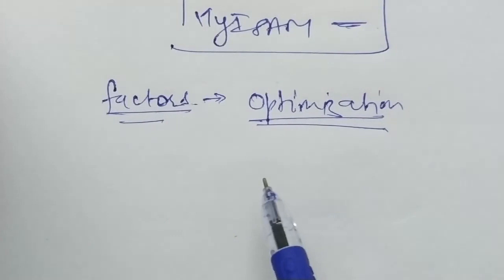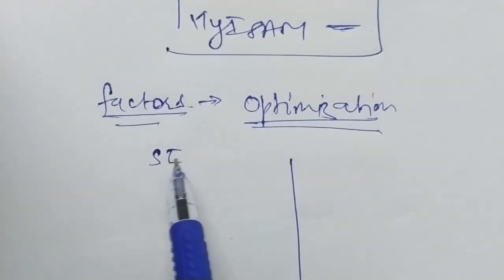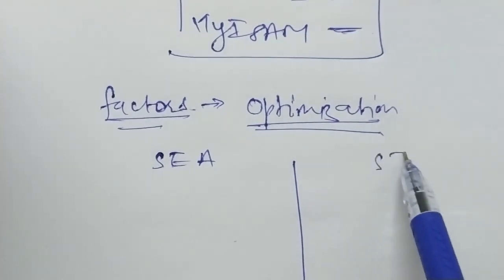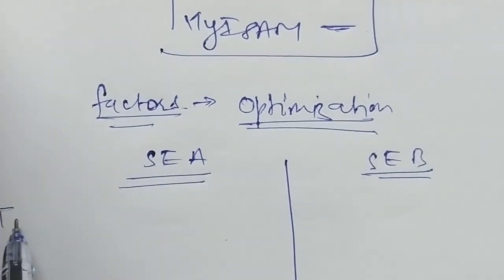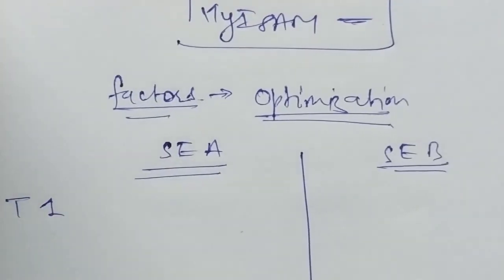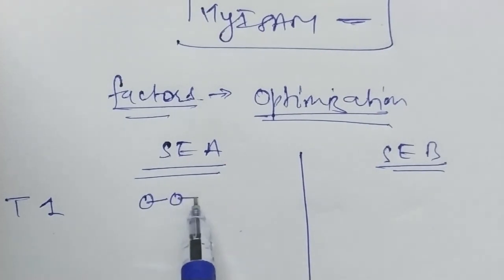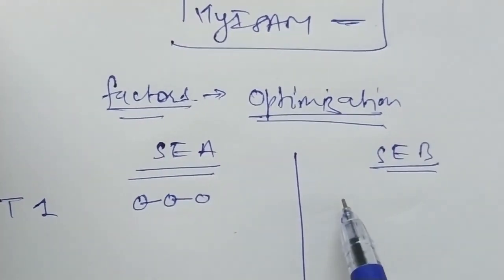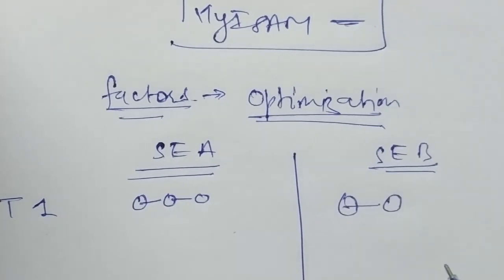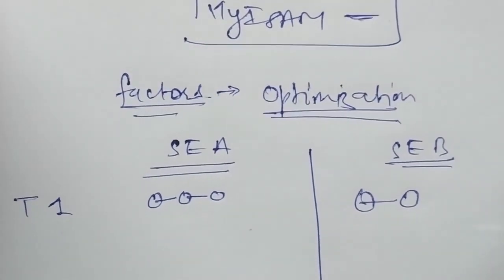So let me give you an example. Let's say there are two software engines, software engine A and software engine B. Now to do a task T1, software engine A is programmed in such a way that it will take 3 steps to complete that task, and software engine B is programmed in such a way that it will take only 2 steps, not taking the cost of resources and memory.